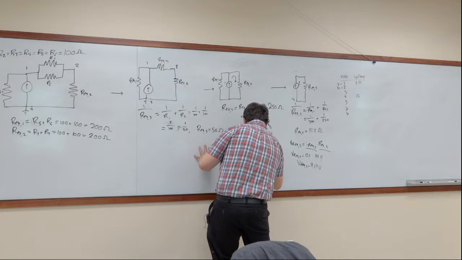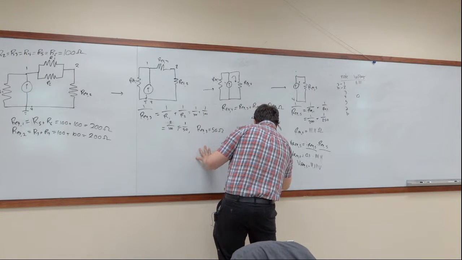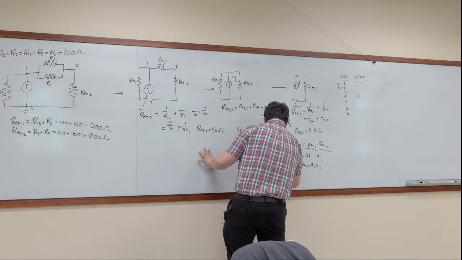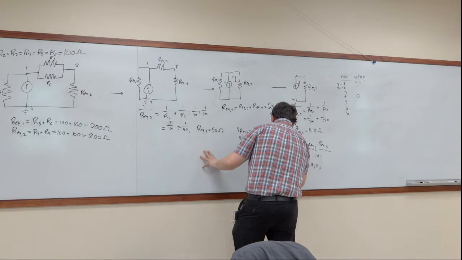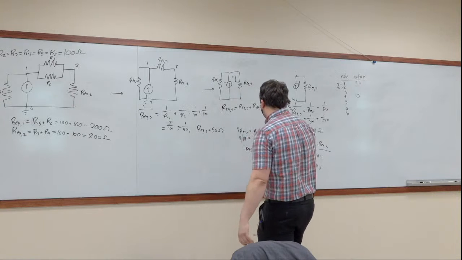So IREQ4 is equal to 0.044 repeating. Okay, I'll just add a couple more 4s.